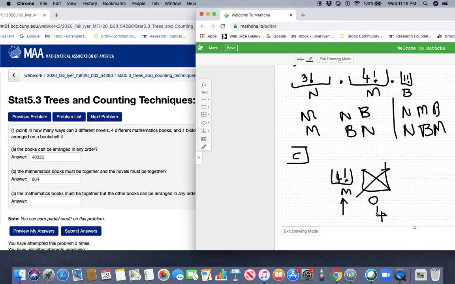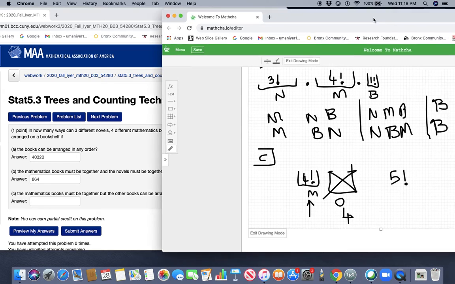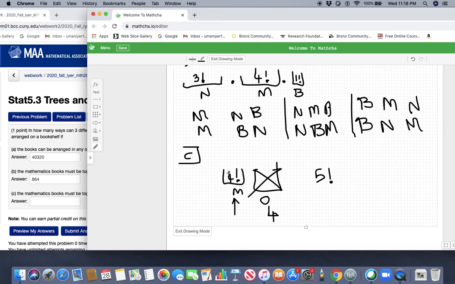So that gets me in all 5 books. That's 5 factorial. And then the mathematics books can be rearranged. 5 factorial times 4 factorial.